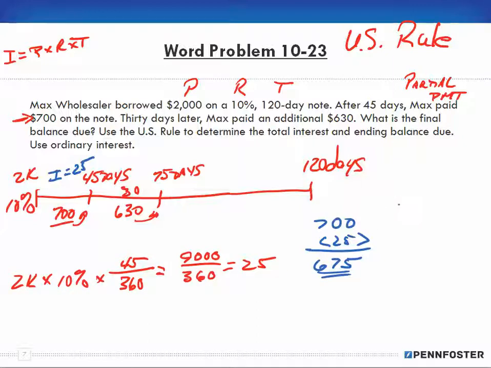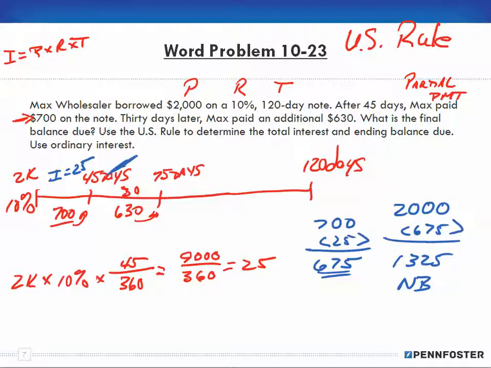Since he borrowed $2,000, we subtract the $675 that went against the principal, and that gives us $1,325 as our new balance at the 45-day mark. The interest was $25, and the amount we applied against the principal was $675.